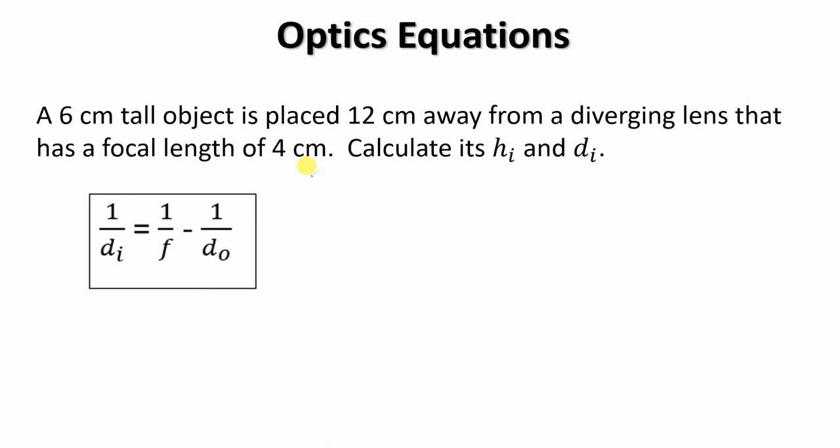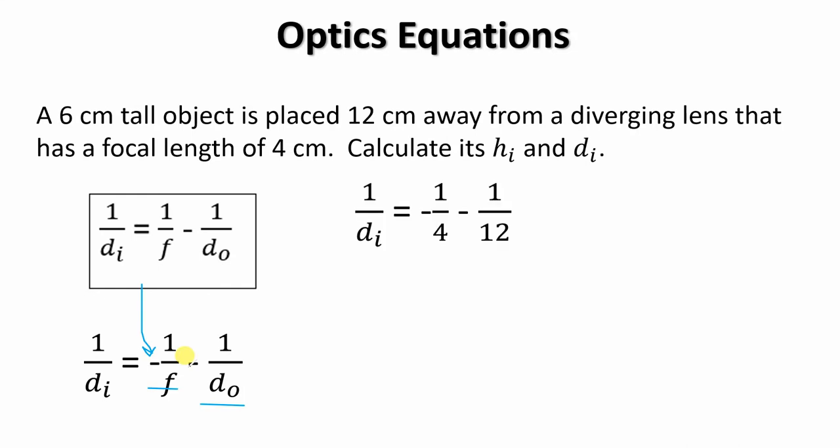So on to our calculations here. Now, one thing we do have to adjust is that it's a different type of lens, so we actually have to add this negative sign in. So we're going to have a couple of negative terms being added up in this one. If we don't add that negative, then our result will be on the other side of the lens, and that will be incorrect. So we're going to plug in negative 1/4 there. We've got negative 1/12.